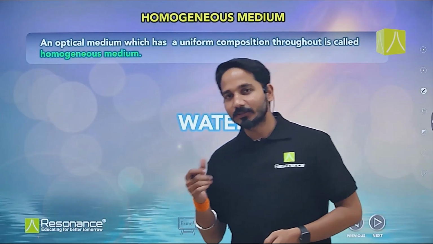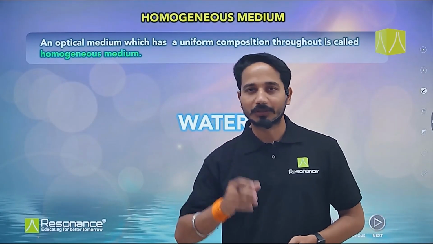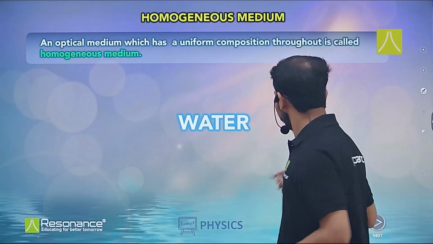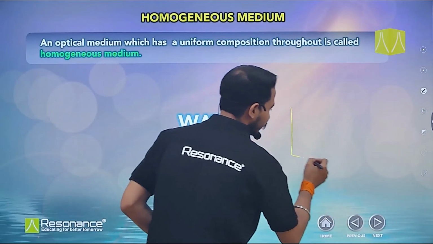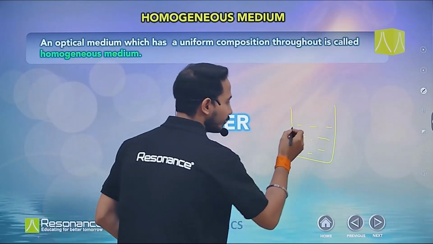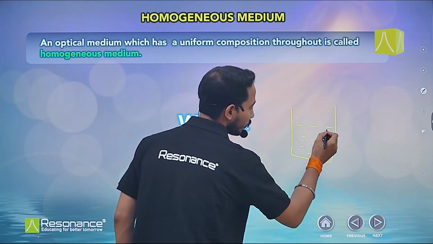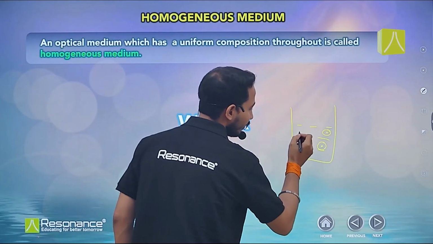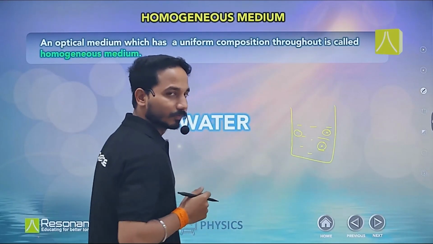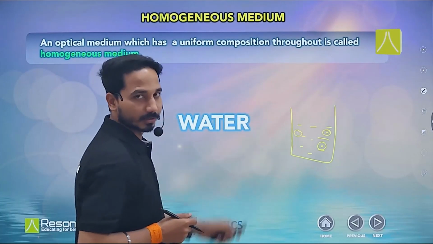To understand this, we can take an example. Let us suppose we take a glass filled with water, right? At every point, wherever we watch or observe, the constituent particles, the atoms or molecules, are the same for water, right?